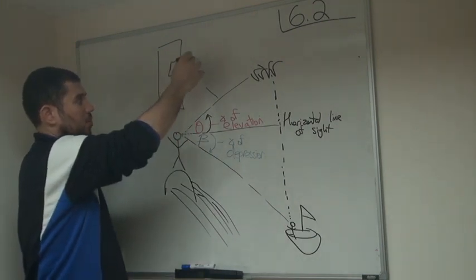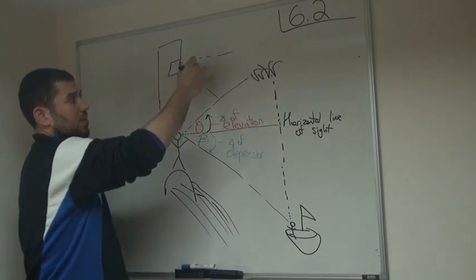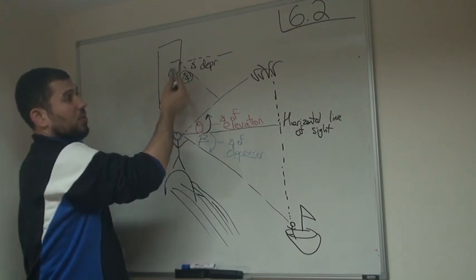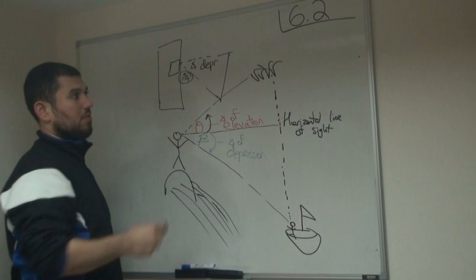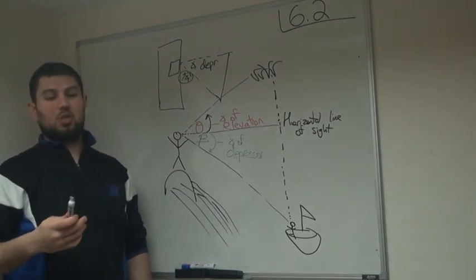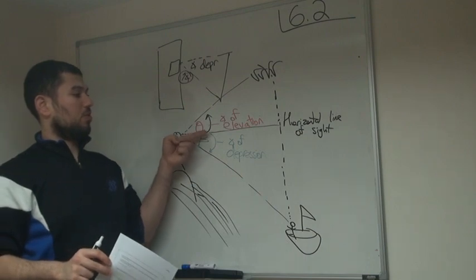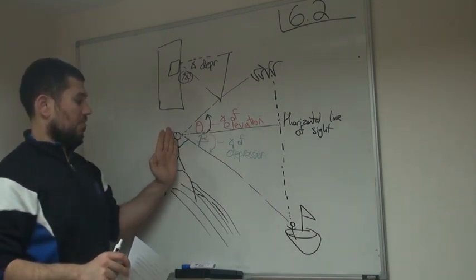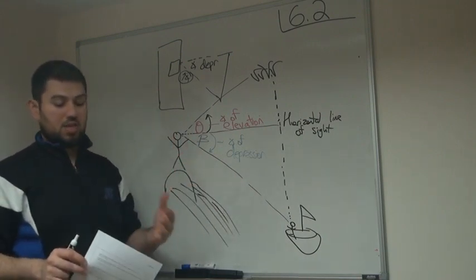The angle of depression would be with respect to the horizontal. So this is the angle of depression. And this angle is just the angle between their line of sight and the building. So you have to be very careful with regards to whatever the situation is calling for. But again, the angle of depression is with respect to the horizontal and you looking down, not with respect to a vertical line drawn straight down and that line of sight. So just keep that in mind.